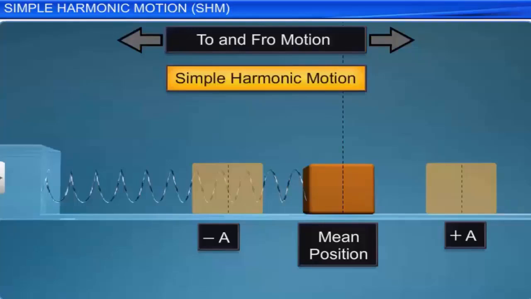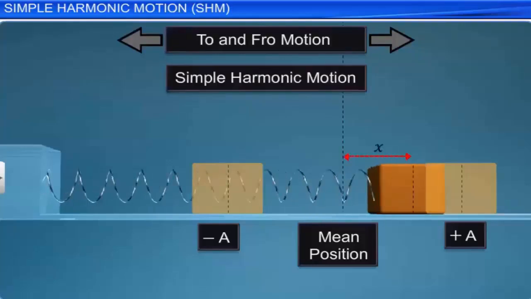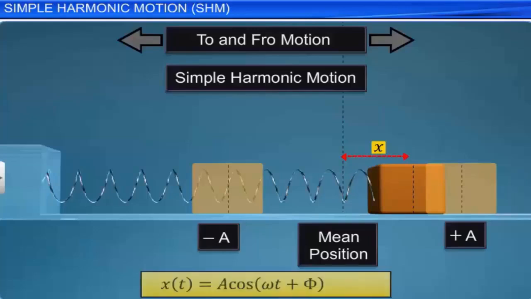The displacement of the particle from the origin is a function of time t. The displacement x of a particle in simple harmonic motion can be expressed as x of t is equal to a cos(omega t plus phi). Let this be equation 1.